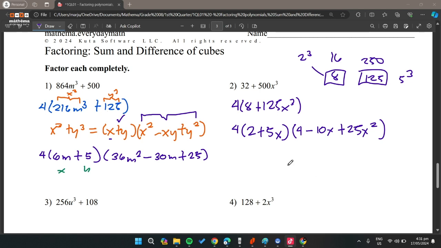Again, before we proceed, baka meron tayong katanungan. No questions before we proceed? Alright, I think walang tanong. So, let's try to proceed with number 3 and 4 this time.